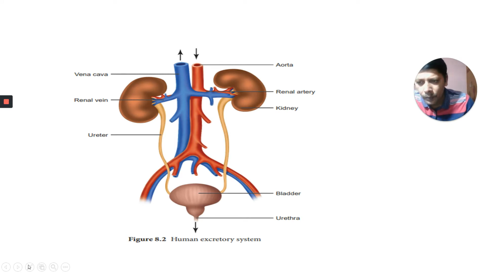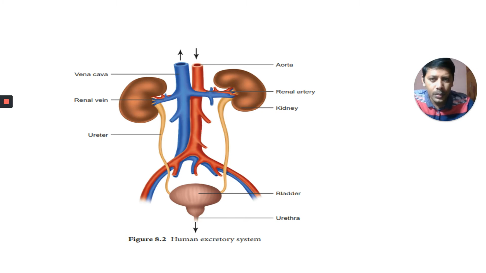In yesterday's class, we learned protonephridia, coxal glands, Malpighian tubules, and metanephridia. Along with those structures, we also learned the external structure of human kidneys.